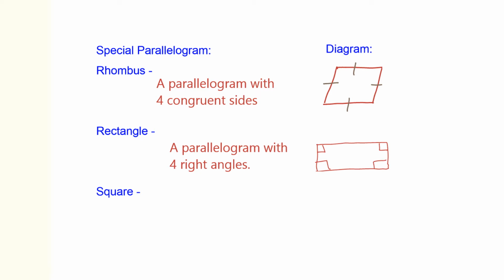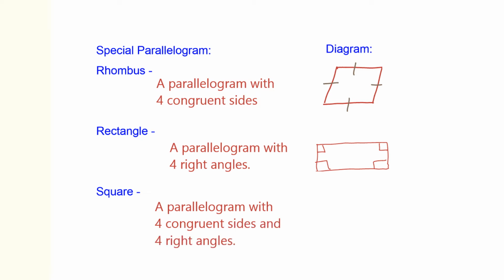Next up is the square. A square is also a parallelogram with four congruent sides and four right angles.